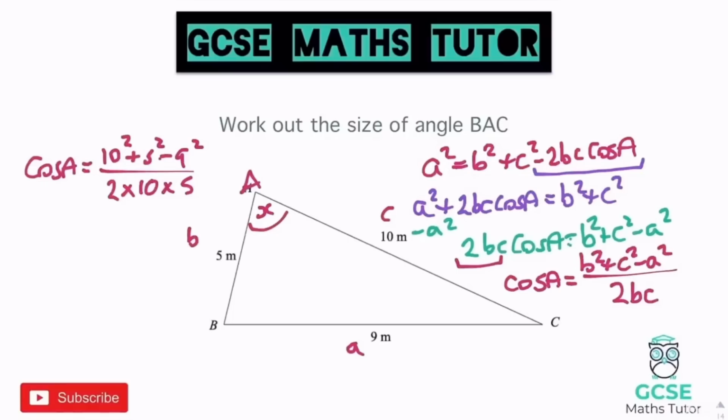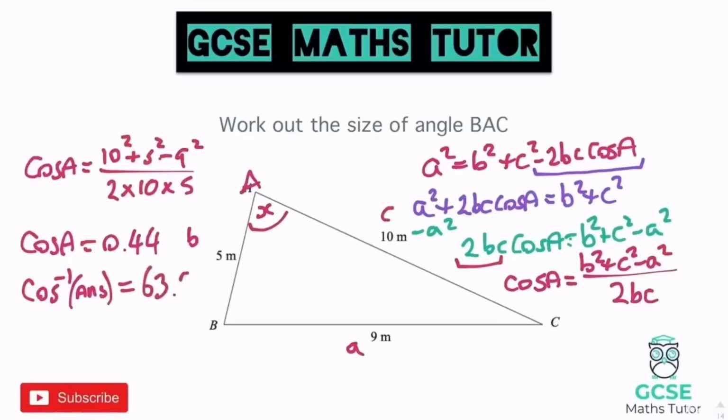And that equals, let's have a look, so cos A equals 0.44, and then same process again, we need to do the inverse of cos, so cos minus 1 of your answer, shift cos, answer, and I get 63.896, there we go, degrees.